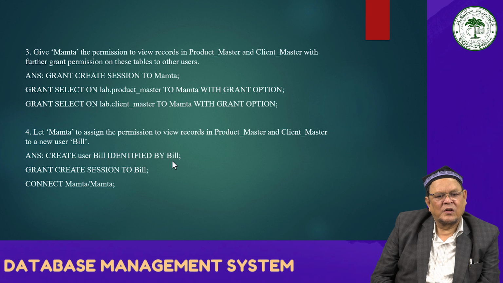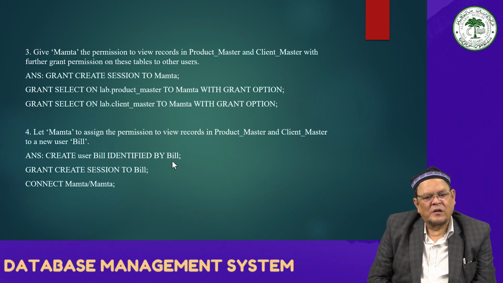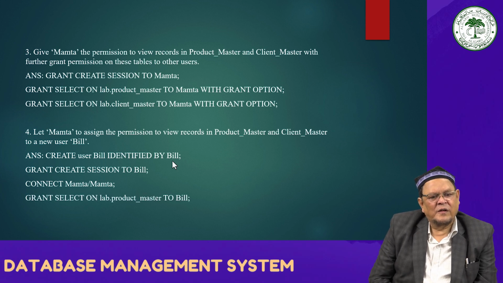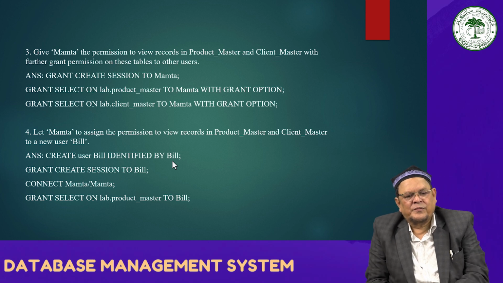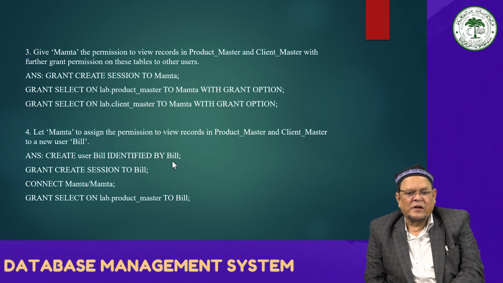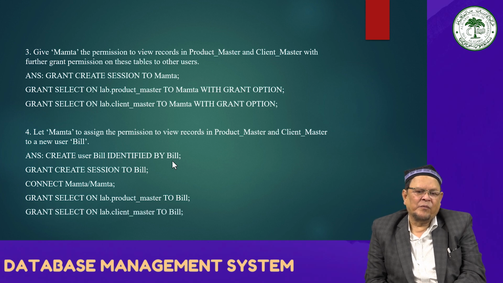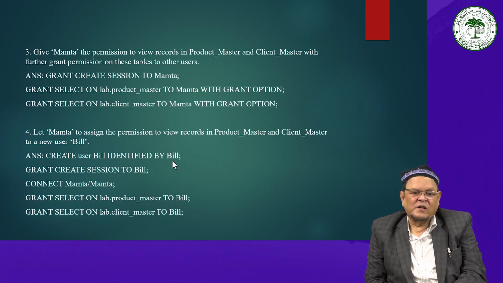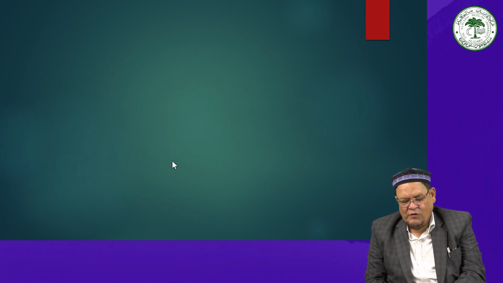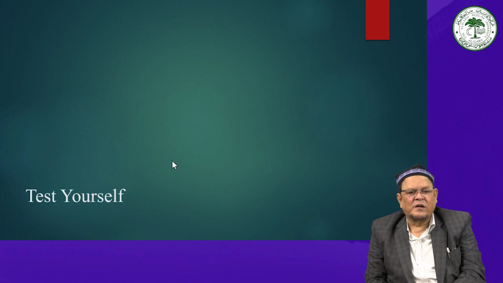Connect Mamta, grant select on lab.product_master to Bill. Grant select on lab.client_master to Bill. In this way, we are able to give a grant.